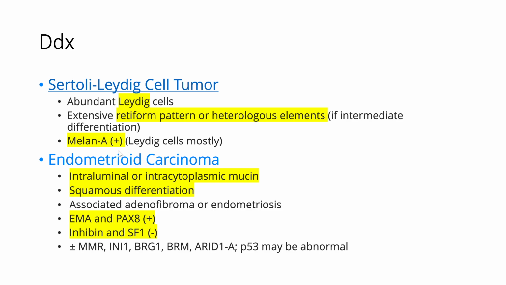And then melanin is the specific marker for Leydig cell in this entity. And also endometrioid carcinoma. In this entity, we should find some intraluminal or intracytoplasmic mucin, and also squamous differentiation. EMA and PAX8 are epithelial and organ-specific markers, relatively positive, and the sex cord markers inhibin and SF1 are negative.